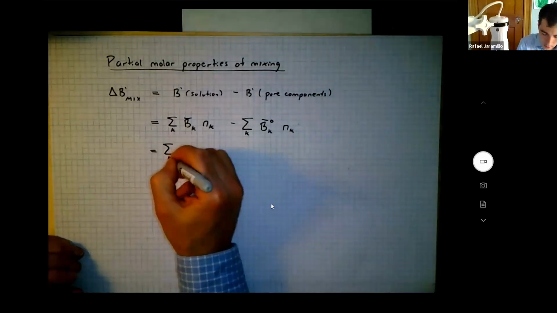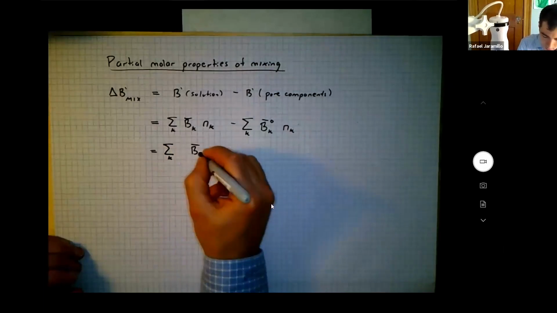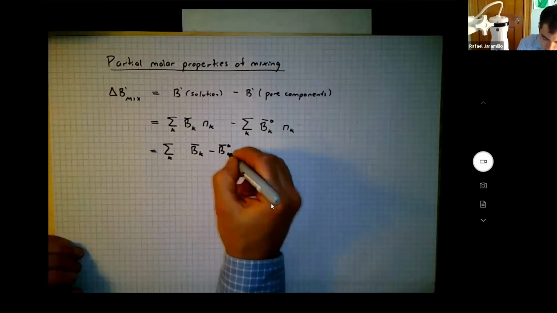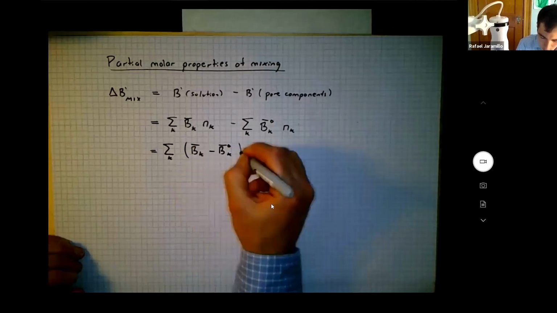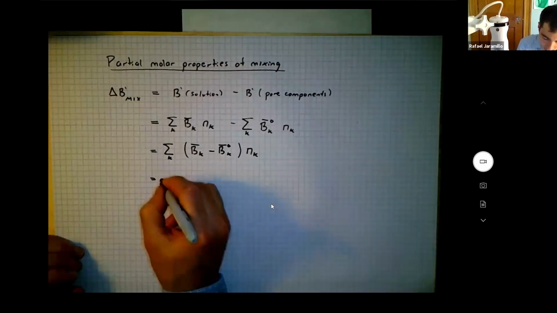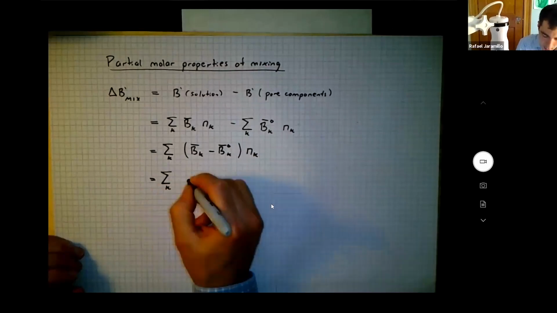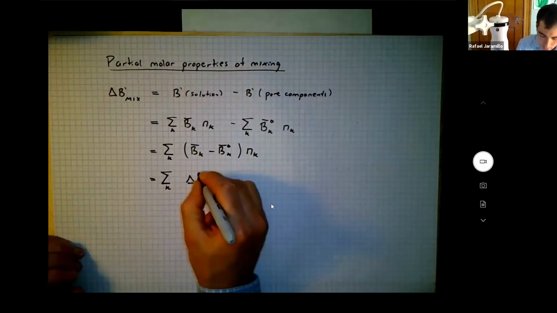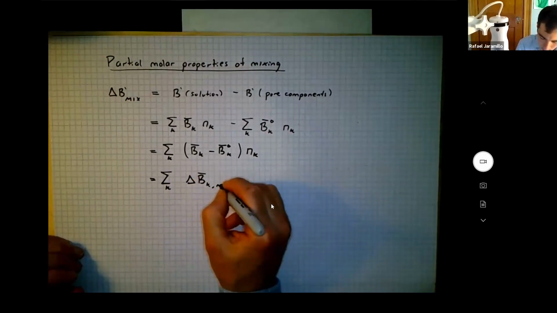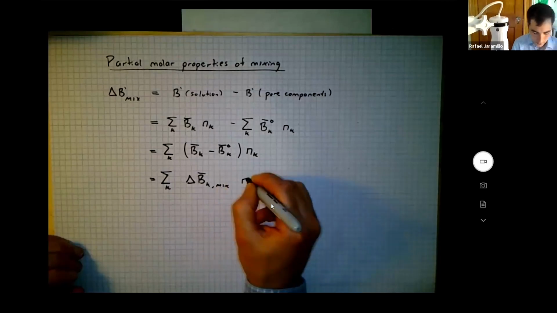We have... and we're going to define that as delta B, partial molar property due to mixing.